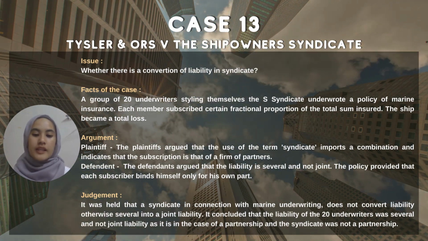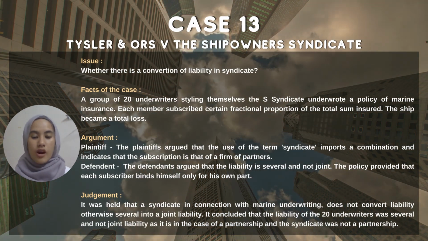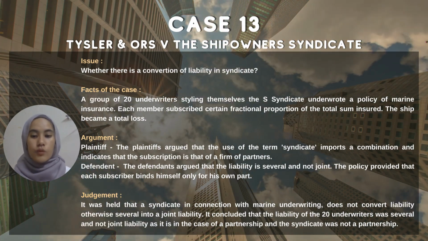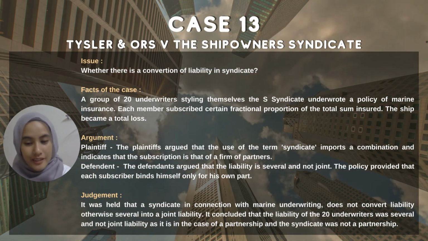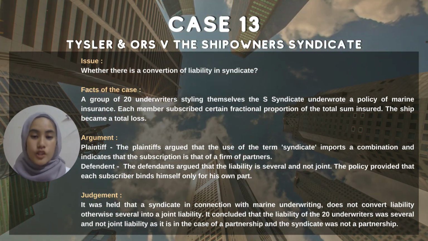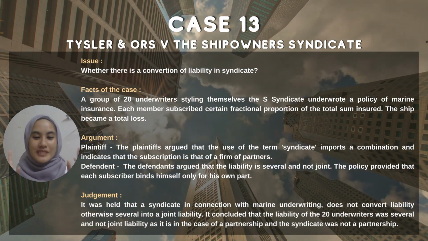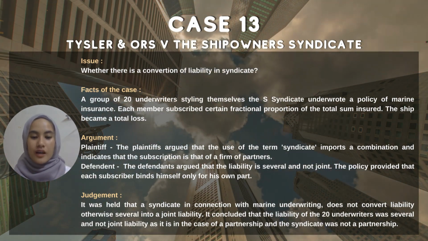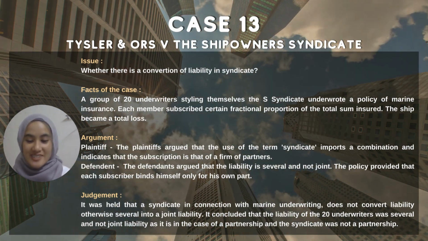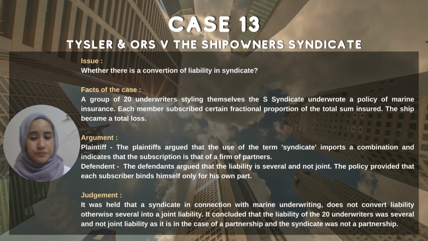But then one day the ship became a total loss. And that's when the argument begins, from the plaintiff side, which is Tysler and others. Okay. So they argued that the use of the term syndicate means in part a combination and indicates that the subscription is a firm of partners.